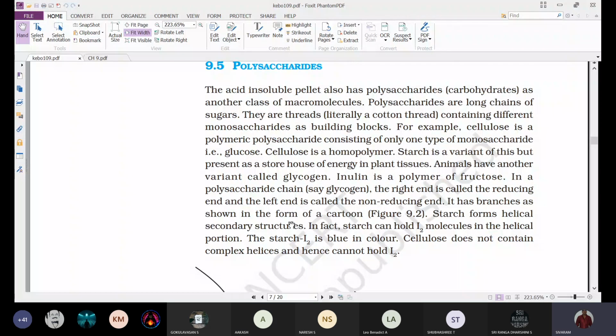Starch, yes. Starch is a polysaccharide made up of only one type of molecule, glucose. Around 900 to 1000 glucose molecules are linked one to one by glycosidic bonds to form a complex structure called starch.